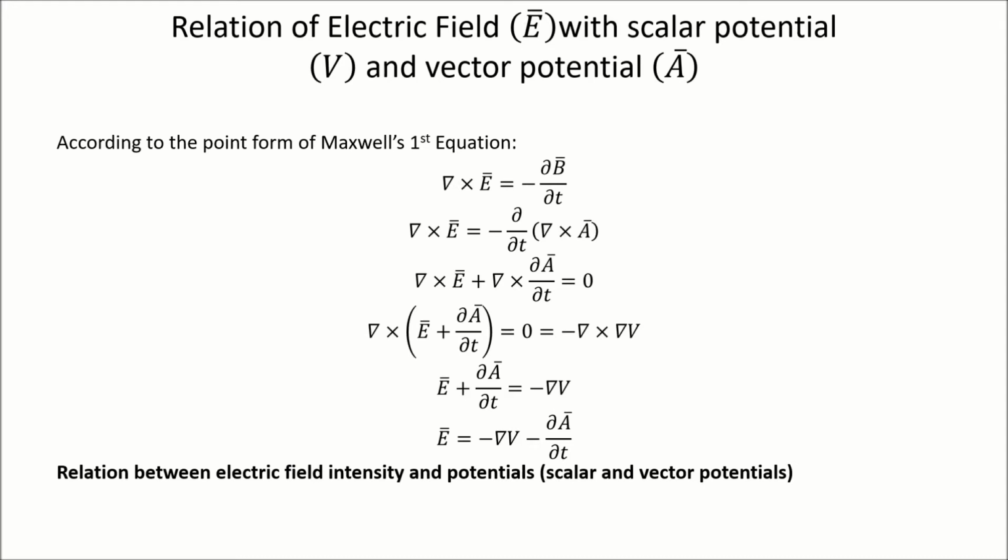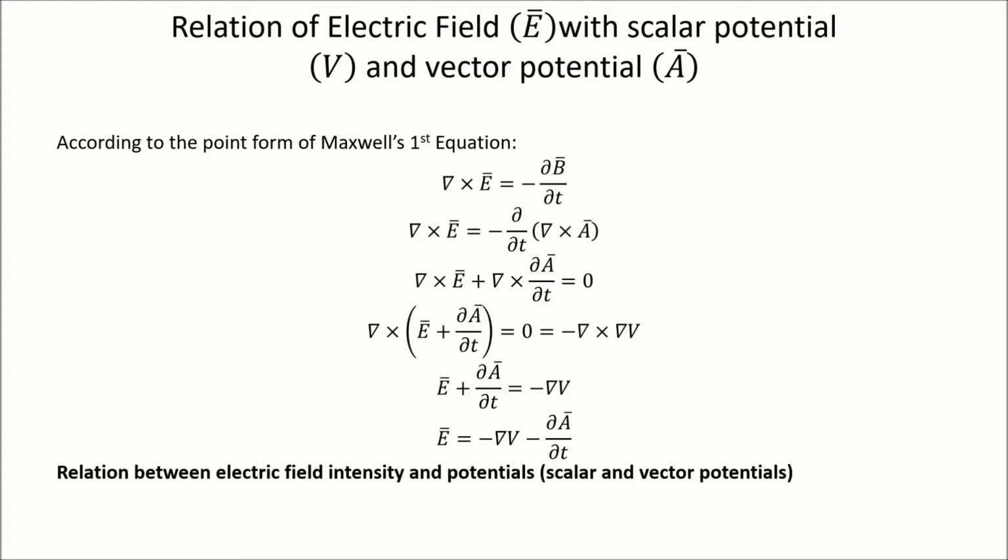Substitute B with curl of A, we obtain curl of E is equal to negative partial over partial t of curl of A. Then curl of E plus curl of partial A over partial t equal to 0.